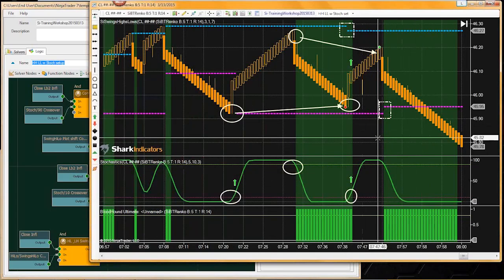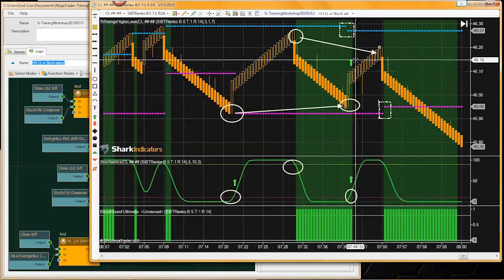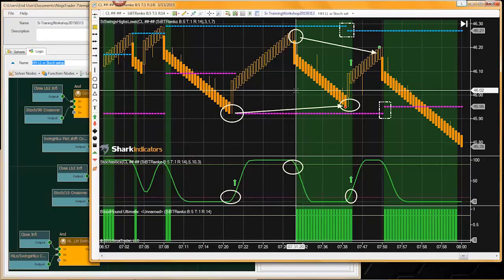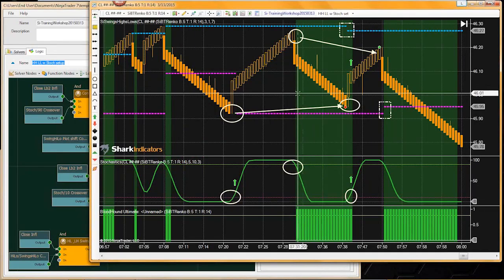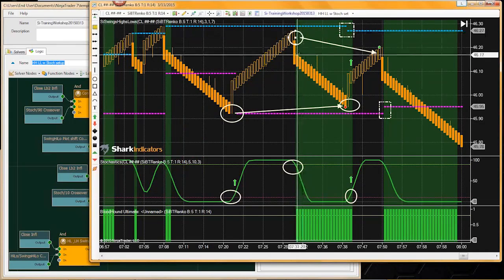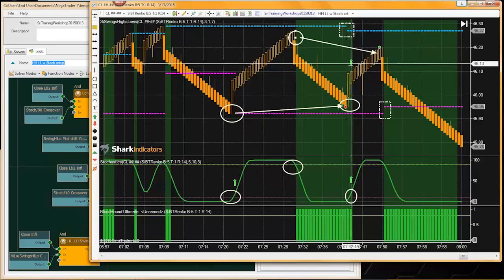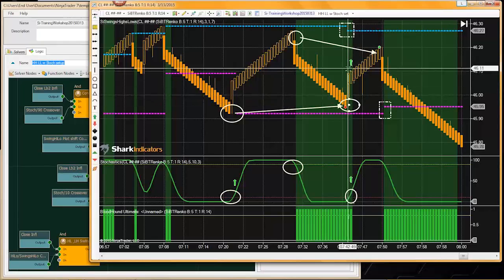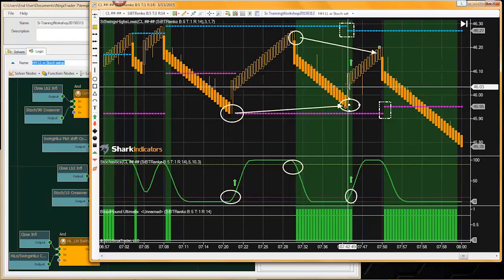All right, let's take a look. And all right, so our condition 2 has now been extended forward until condition 3 actually fires off.